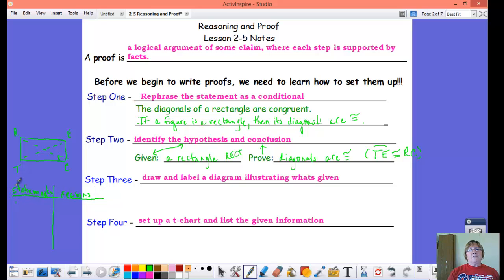The given information, if we put it in here, would look like this. We're given rectangle RECT. That's the statement. The reason that we can list it is because that's what we're given.